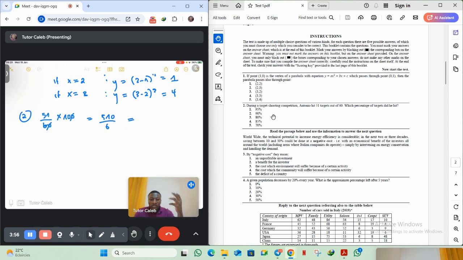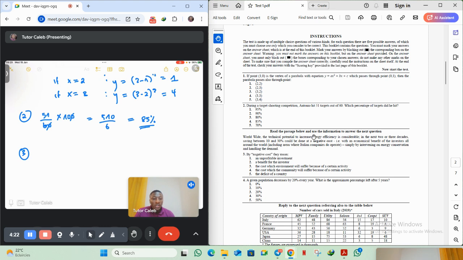So 48 is closest to 51. So we can say he approximately hit 80%. Let's see, that is 48, 8, remainder 3, actually 85. 85%.